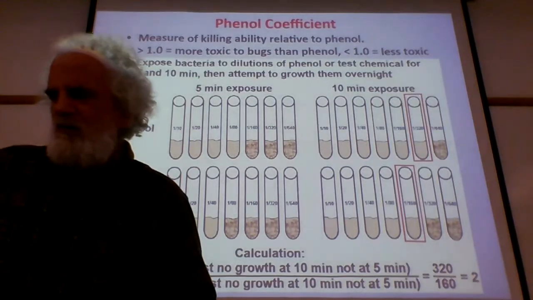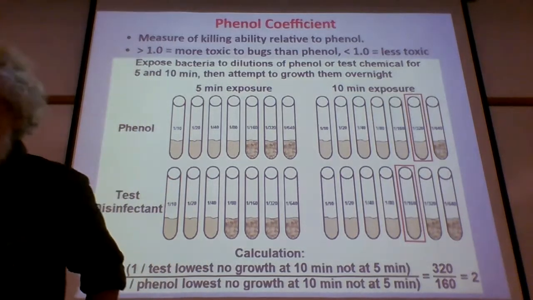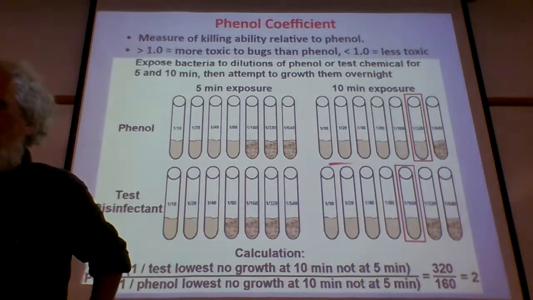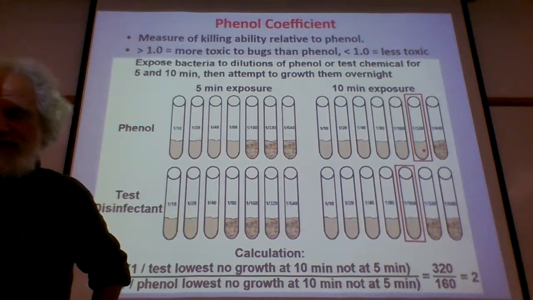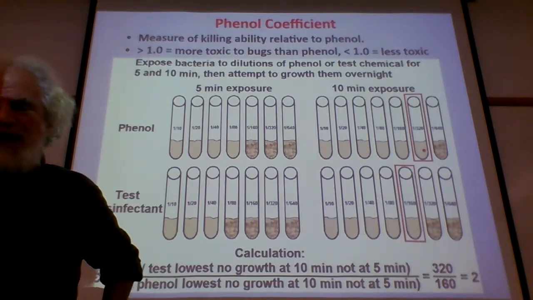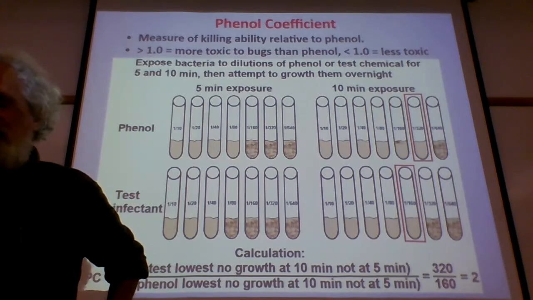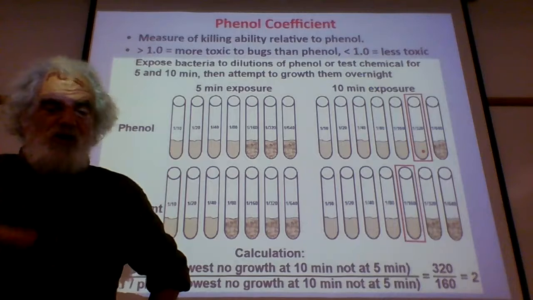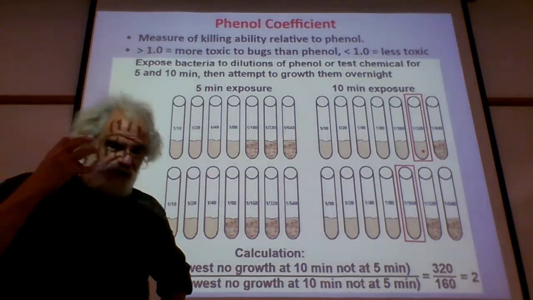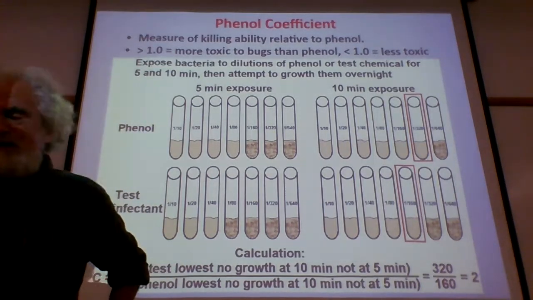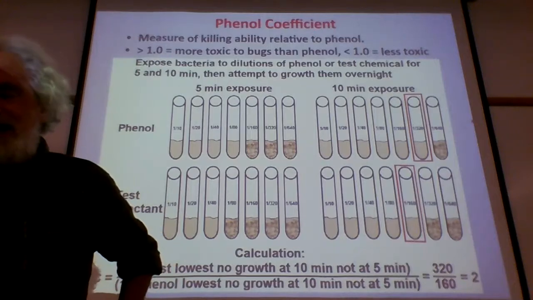So the way we would do this is look at the minimum concentration that would inhibit growth. And we have different kinds of things. There's the 5-minute exposure and then the 10-minute exposure. That is how long it takes for this thing to actually kill stuff. And then you can test a disinfectant and compare it.